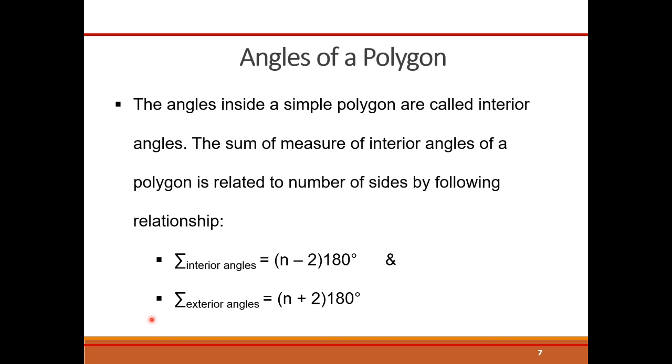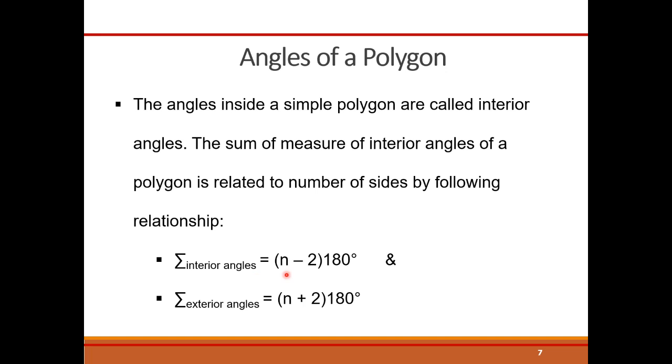For example, we want to calculate the summation of all the interior angles of a triangle. A triangle is also a polygon having multiple sides. Using this formula, as you know, a triangle has three sides.